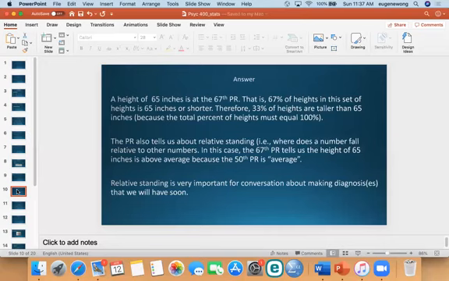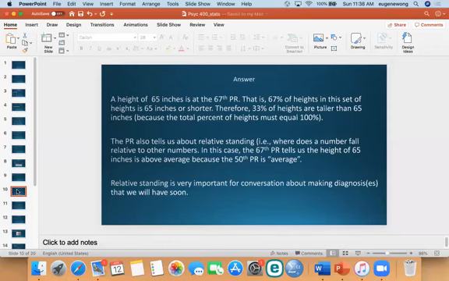Remember, there's a total of 100% possible. Well, if you chop 100% right in half, that would be 50%. 50% is the 50th percentile rank, and we give it a qualitative name called average. So in this case, we can say that a kid with a height of 65 inches is above average.